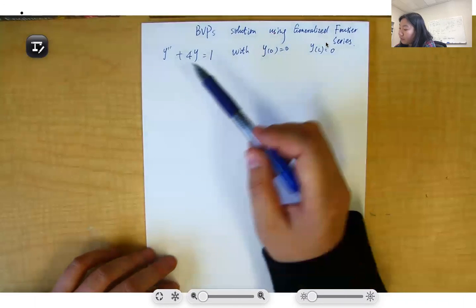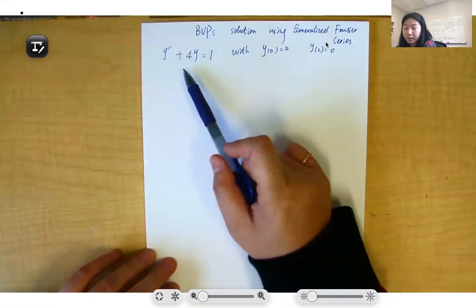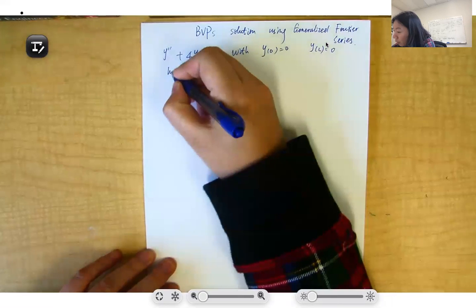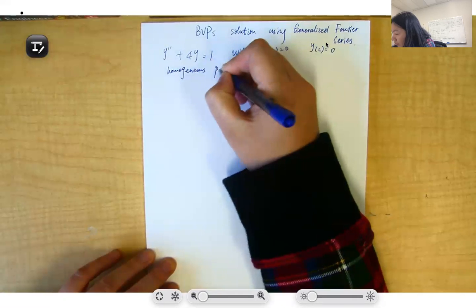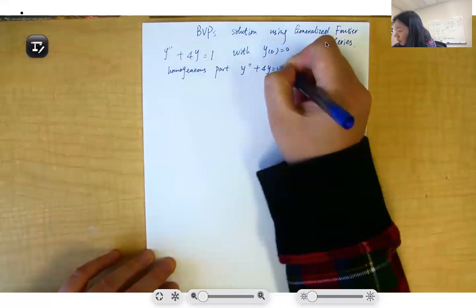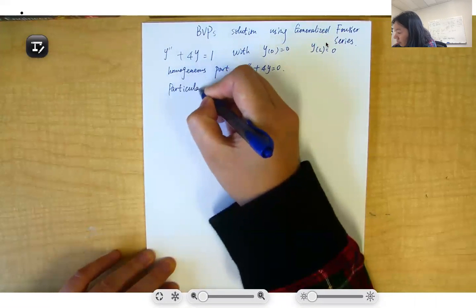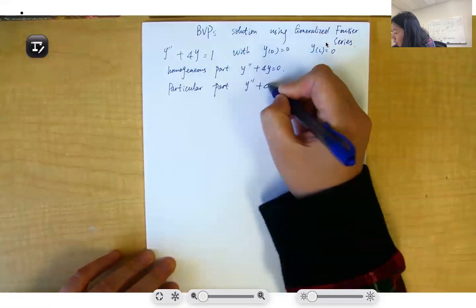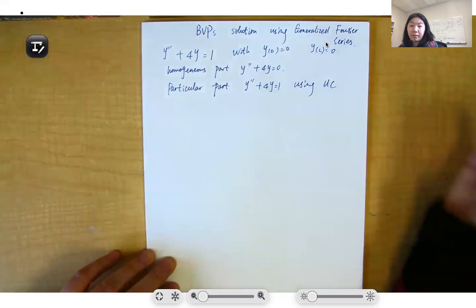You can solve this BVP: the homogeneous part, which is y double prime plus 4y equals 0, and the particular part, which is y double prime plus 4y equals 1, using undetermined coefficients.